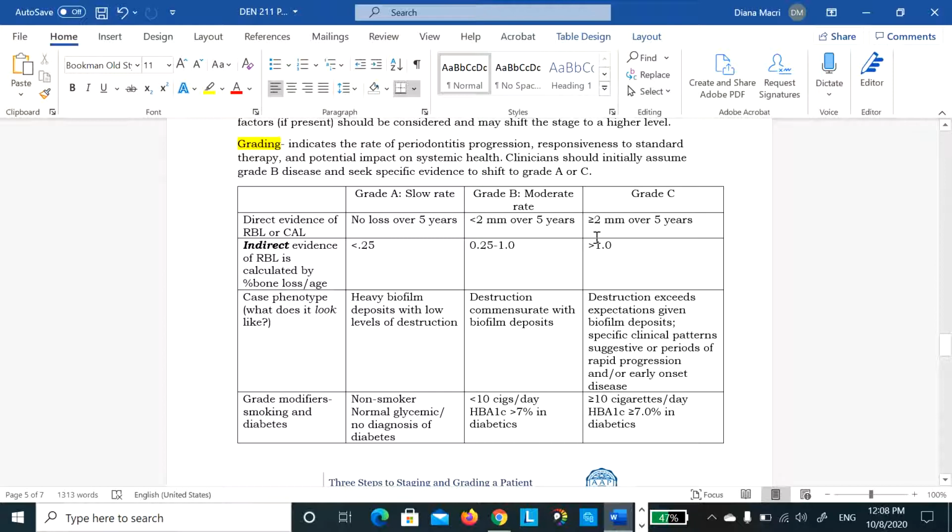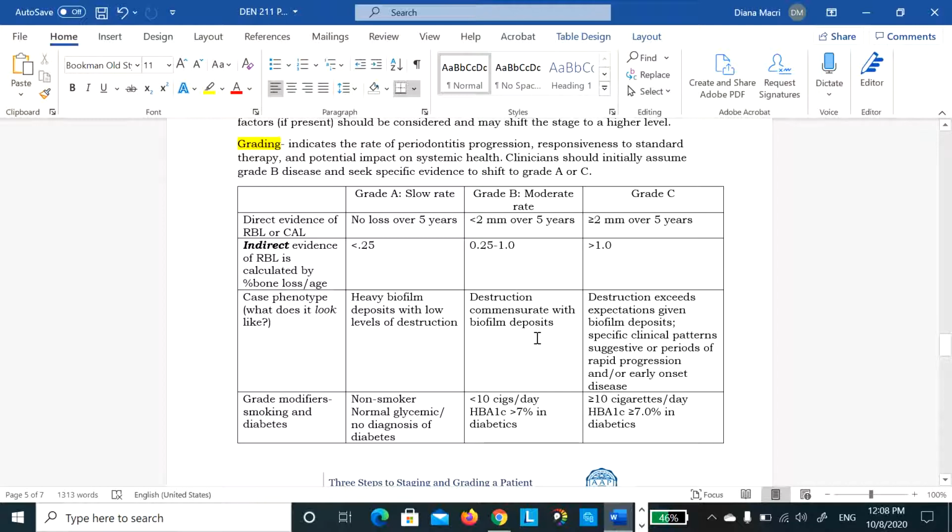Because these grades that we're giving here, you can bump a patient up to a different grade if they are showing some of these signs. So if we have heavy biofilm deposits, okay, this is my patient who comes in, he's got tons of stuff everywhere, but he's got gray bone, okay, he would be a grade C. A grade A: if I have somebody coming in that has some bone loss and does have some calculus and some biofilm, well, the destruction is commensurate with the biofilm.